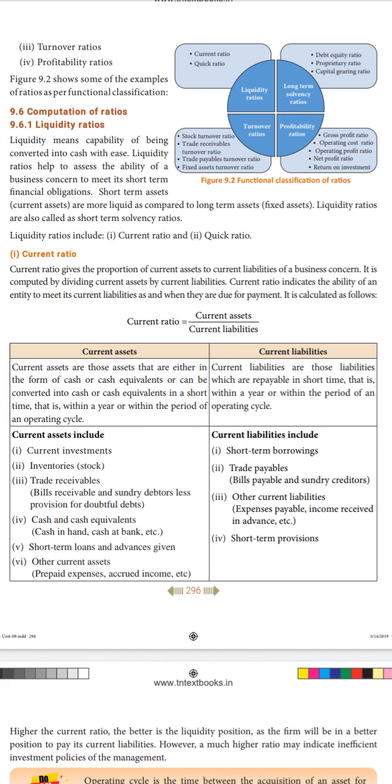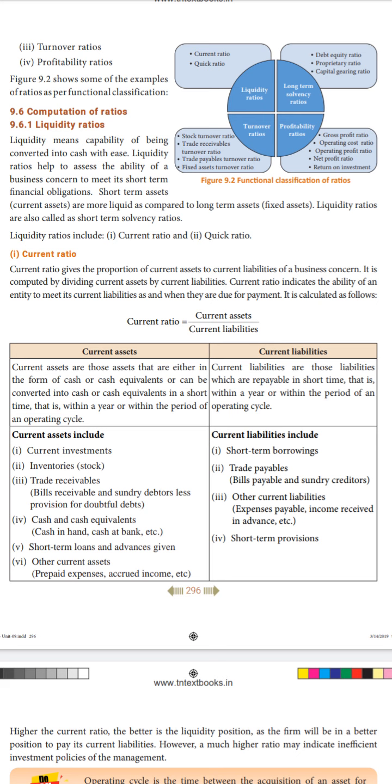So these liquidity ratios help us to assess the ability of a business concern to meet its short term financial obligations. For example, if any creditor is to be paid, we would have bought goods from the suppliers on credit, and if we have to pay within a term of 1 year, then we call it short term obligations, right?